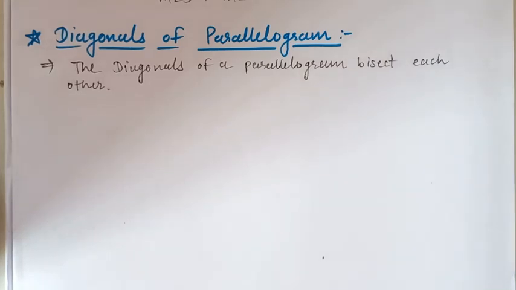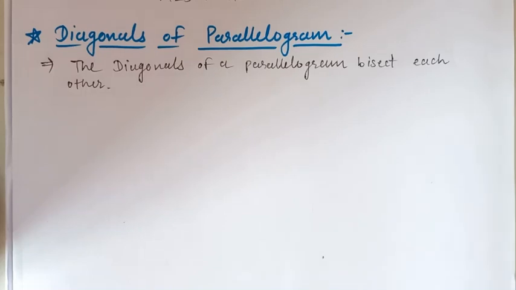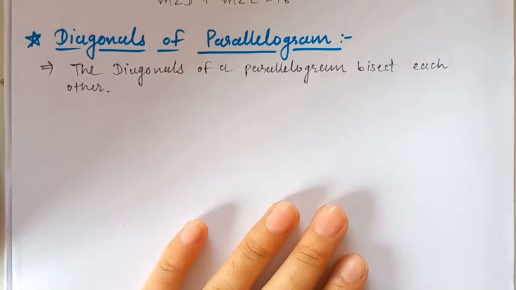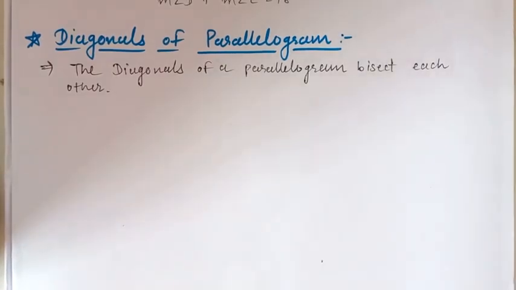You are given one proof of this property in your book, which uses a congruence property of two triangles. You need not remember the proof, but you have to remember the property, because this property will help you solve sums in your exam.